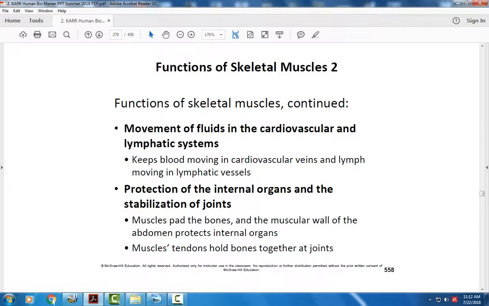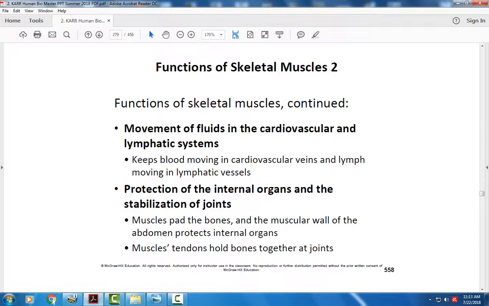So even just simple walking 20 minutes a day is important for good blood flow, keeping our muscles moving, keeping our joints fluid, and also moving fluid through our lymphatic system. As those skeletal muscles squeeze against the walls of the lymphatics, it promotes the movement of lymph throughout the body.